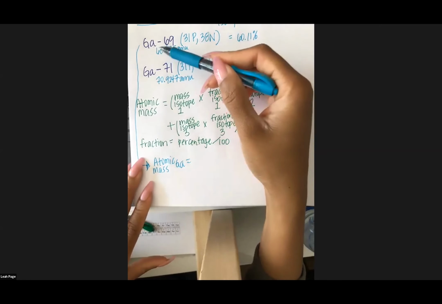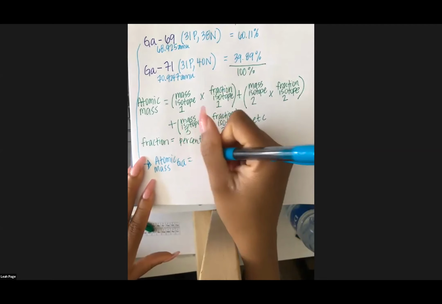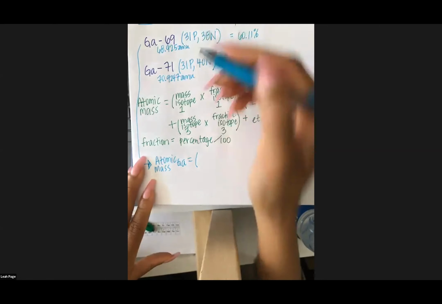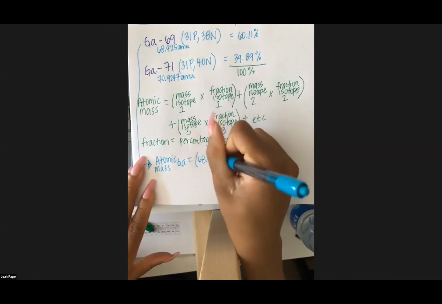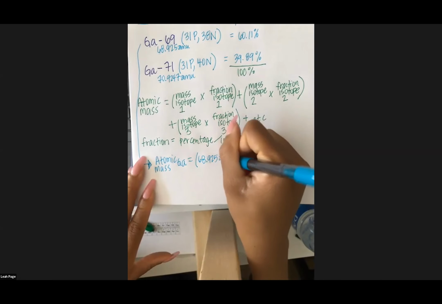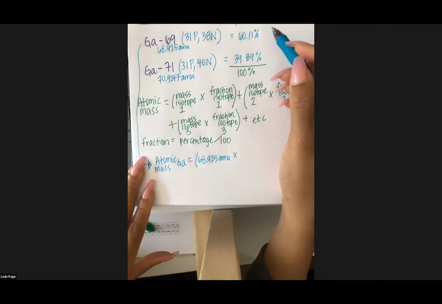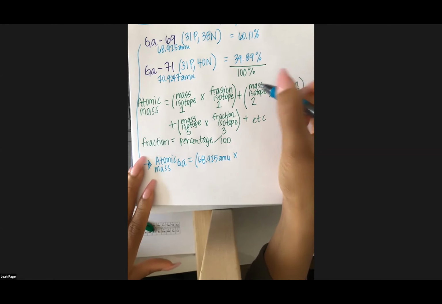It doesn't matter what you pick as the first isotope, but the first one we see is gallium-69. So the mass of it is 68.925 AMU times the fraction of the first isotope. If I divide this number by 100, what do I get, guys?